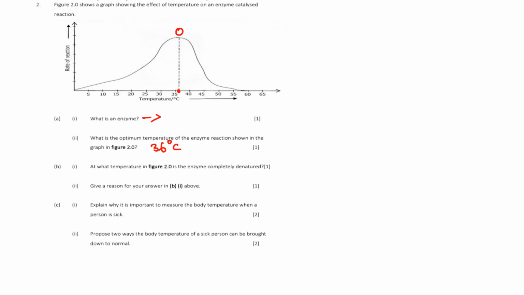Then at what temperature is the enzyme completely denatured? Now, denaturation starts from here. So the enzyme starts denaturing until at a point where it touches the temperature axis. At that point, the enzyme has zero activity, or the rate of enzyme activity is 0. Okay, which means the enzyme is completely denatured.